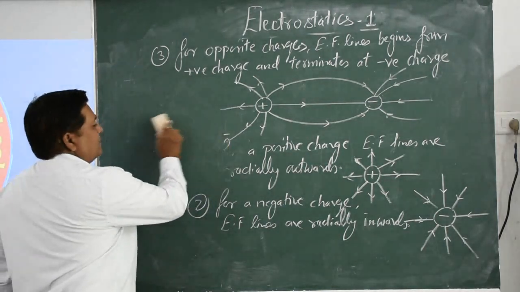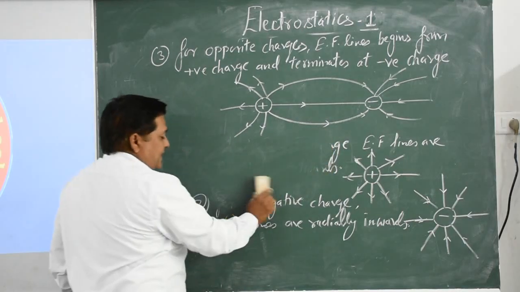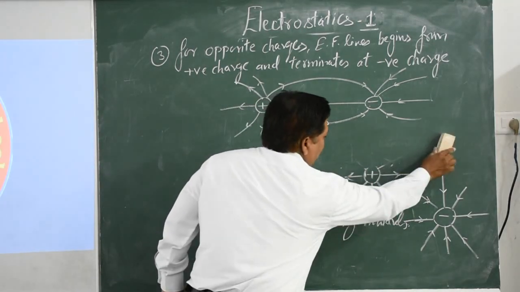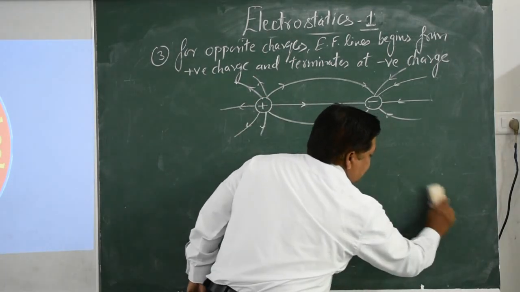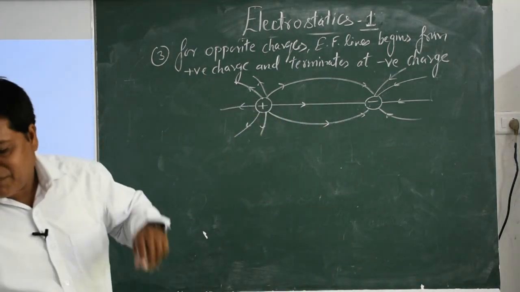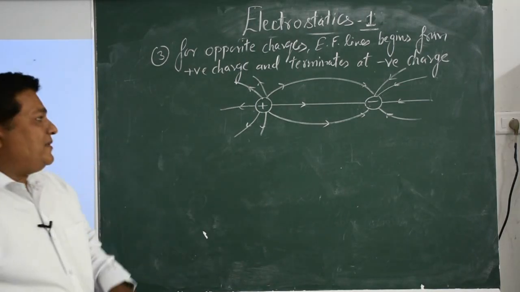Now let us take the next one. If you take a particular point on an electric field line, then the tangent drawn at that point on the electric field line shows the direction of electric field.